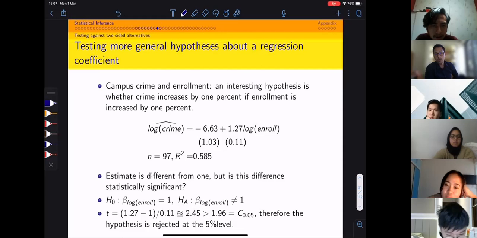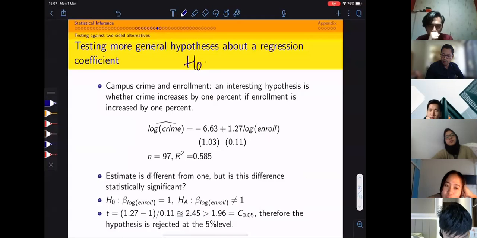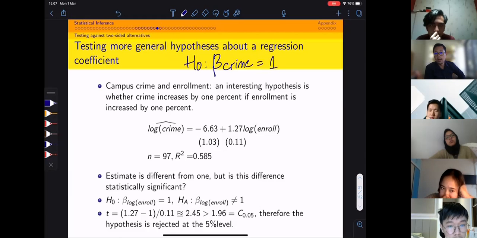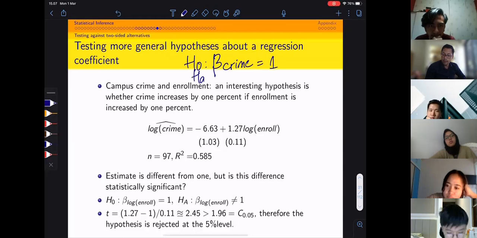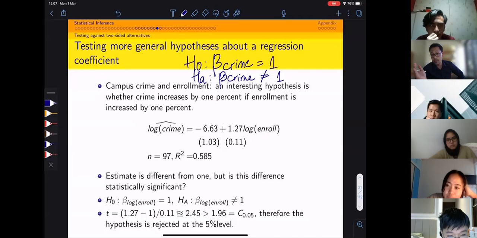Okay, so again, what we'd like to test is whether or not it's a one-to-one relationship. And the alternative hypothesis is that beta crime is not equal to 1. So not equal to 1 means that it could be larger than 1, it could be lower than 1.